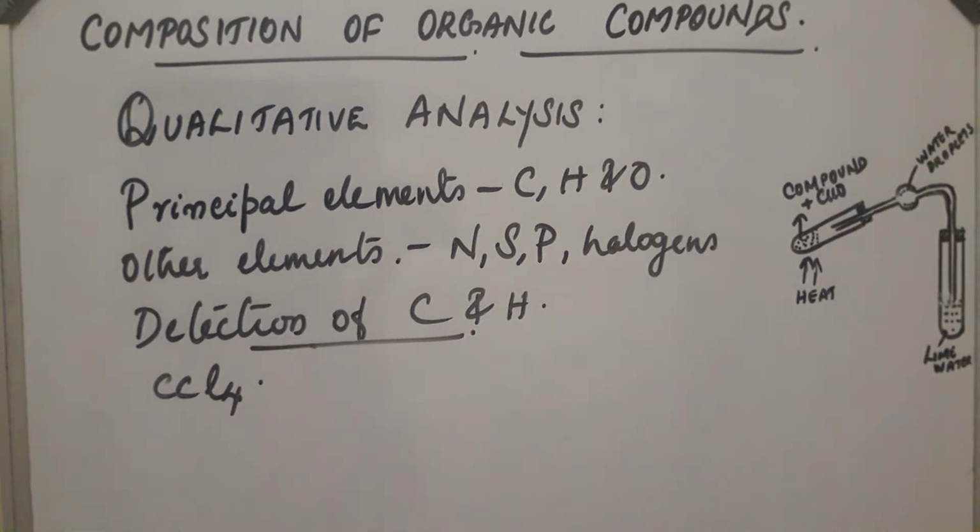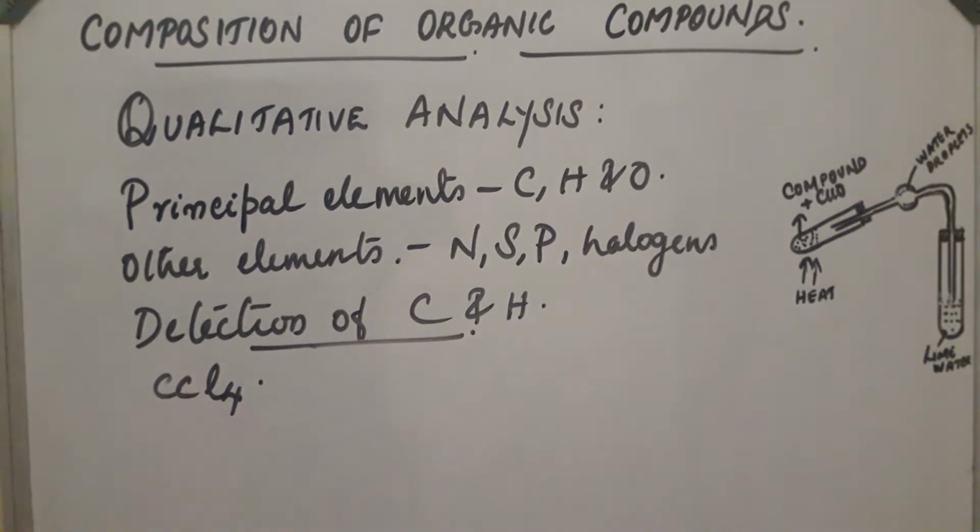Like that, there are rare organic compounds which do not contain hydrogen atoms. But all organic compounds contain carbon. So first we have to detect whether carbon is present in order to determine whether it is an organic compound or an inorganic compound.